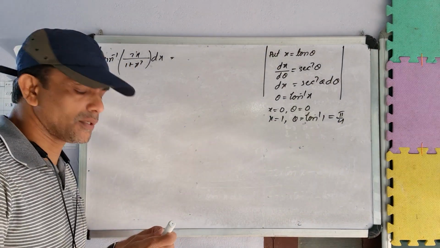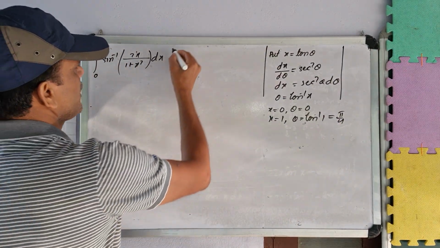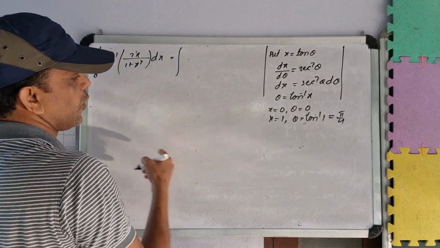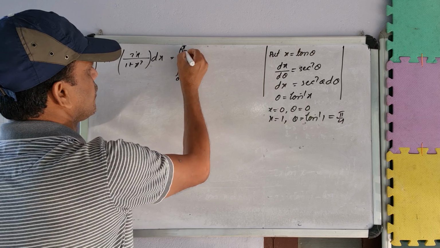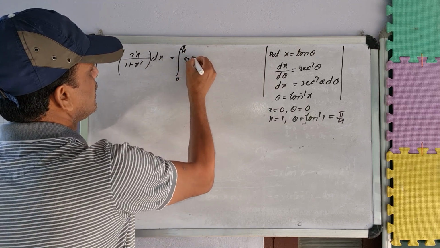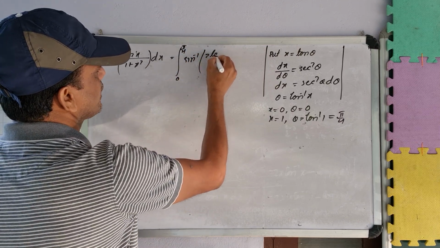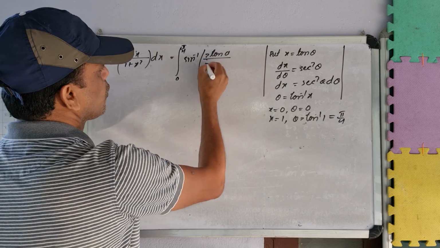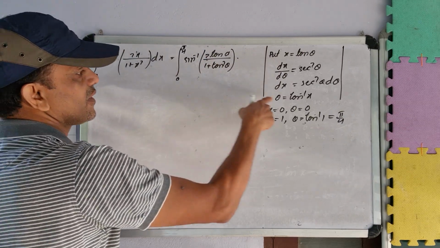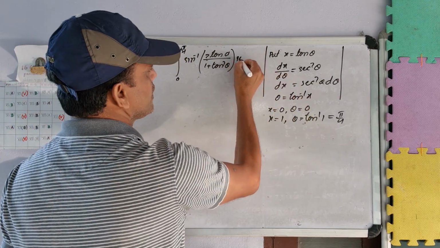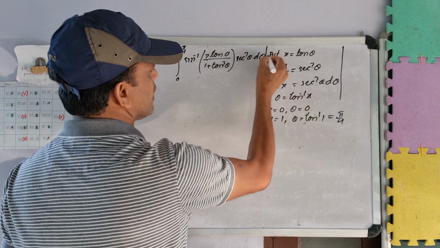And this is the real substitution. Now the integral from 0 to 1 becomes 0 to pi by 4, of sine inverse of 2 tan theta over 1 plus tan squared theta, times dx, which is sec squared theta d theta.